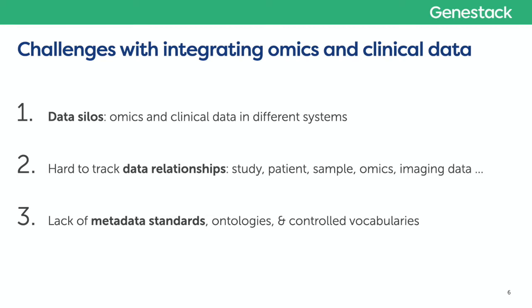Data silos make it hard to track data relationships between study, patient, sample, omics data, imaging data, and so on. And the third challenge here is around horizontal data integration, which is how to aggregate data from different studies or sources. It's challenging primarily due to incompatible or insufficient metadata.